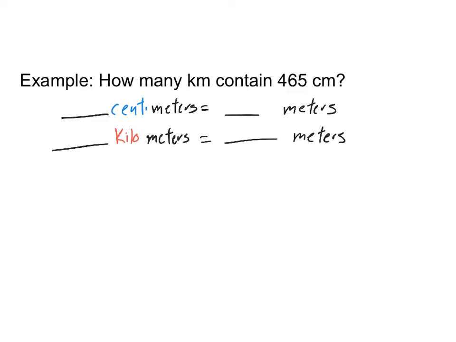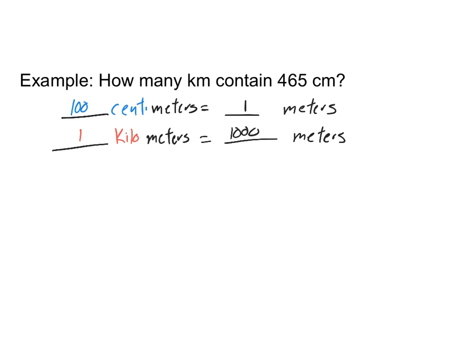So first of all, I know that centi means 1/100th, so that tells me that in 1 meter I have 100 centimeters. Kilo means 1,000 base units, so that tells me that in 1 kilometer I have 1,000 meters.